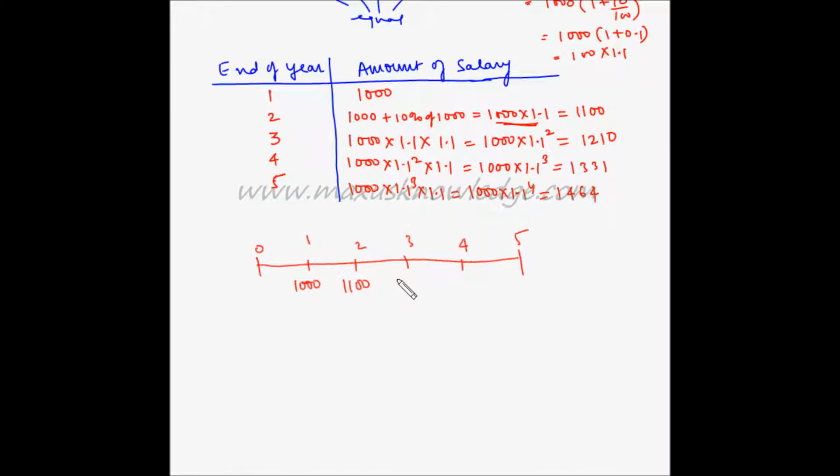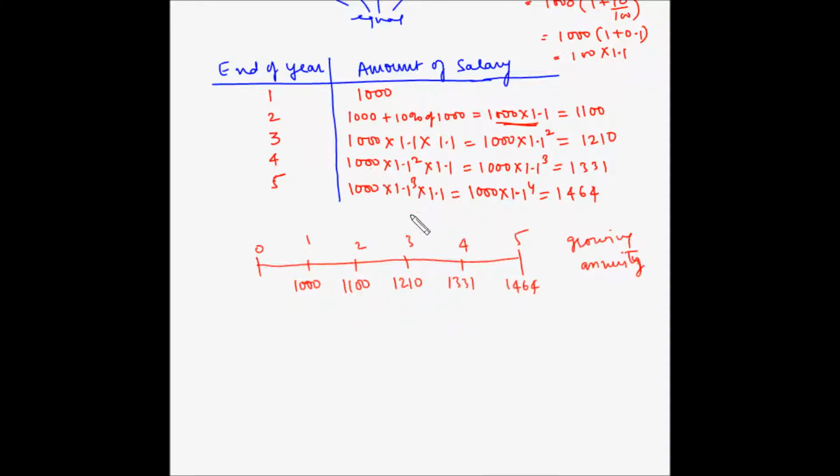At the end of third year, you're getting 1210, then 1331, and then 1464. So this is known as a growing annuity. And in this case, the payments are growing at the rate of 10%.